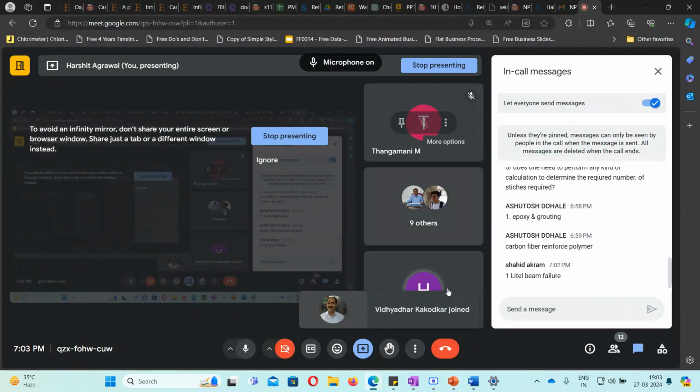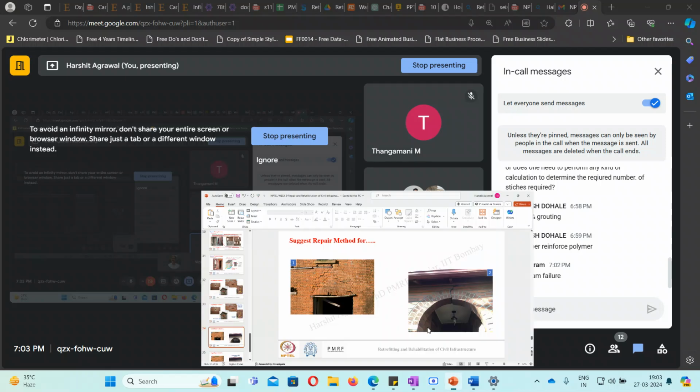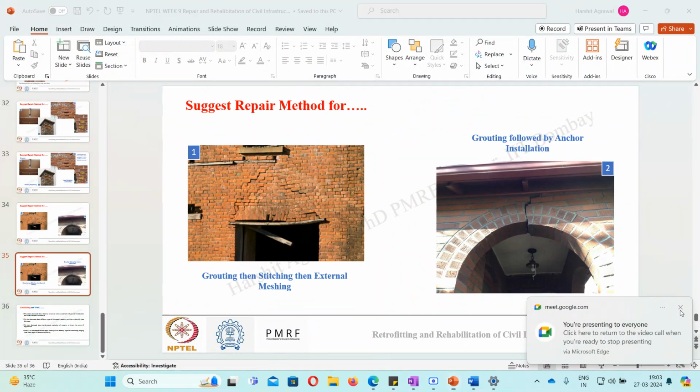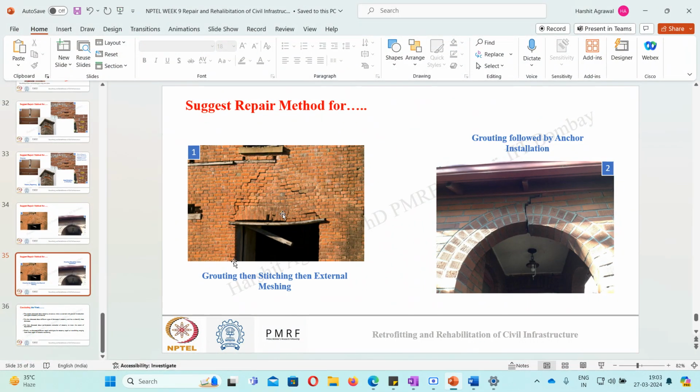Okay, so let's see the solution for these two questions now. In this first kind of masonry, you can see there is a critical failure near the joint. This can be a door, and above that door you can see collapse of masonry bricks that is happening due to deflection in this beam.